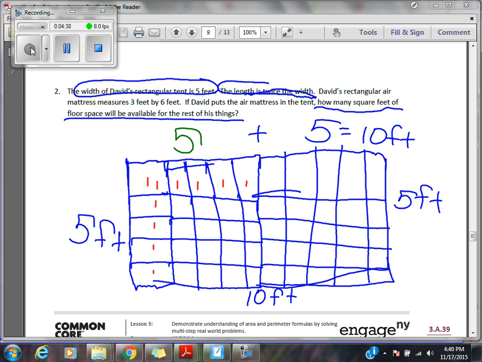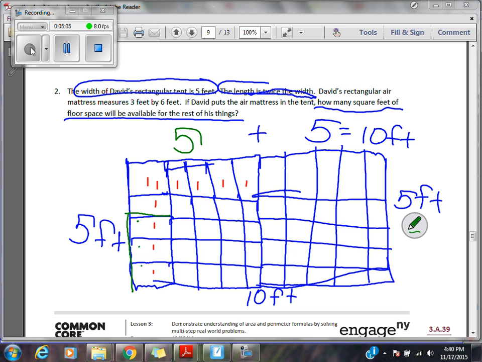What they're telling us is that he puts his regular air mattress that measures 3 feet by 6 feet. So I'm going to count 3 feet. Now that I've drawn out the whole thing, I can actually draw his mattress in. So I'm going to start right here at the end. 3 feet, I know that I can go up and down, because that gives me 1, 2, 3 blocks to put it in by 6.